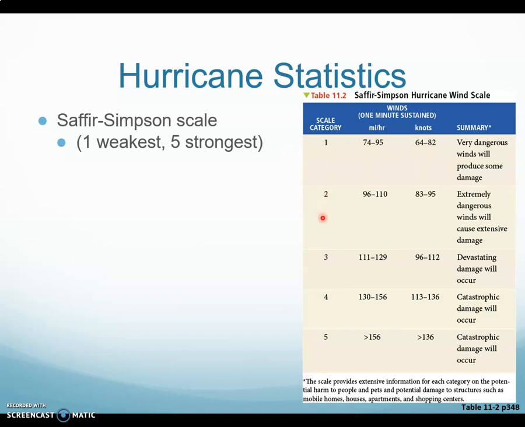Then it increases to category 2. Once it hits 111 miles an hour, 96 knots, it becomes category 3. This is officially a major hurricane. Categories 3, 4, and 5 are major hurricanes. So there's 3, 4, and a category 5 would be anything over 156 miles an hour.